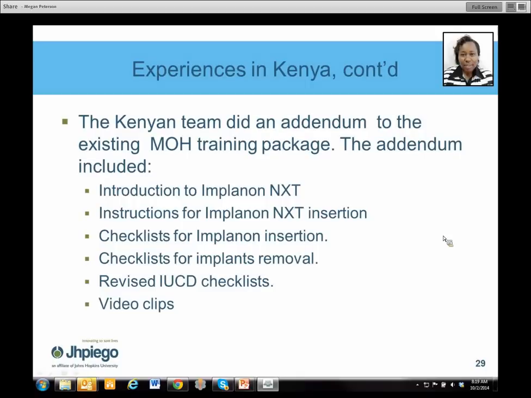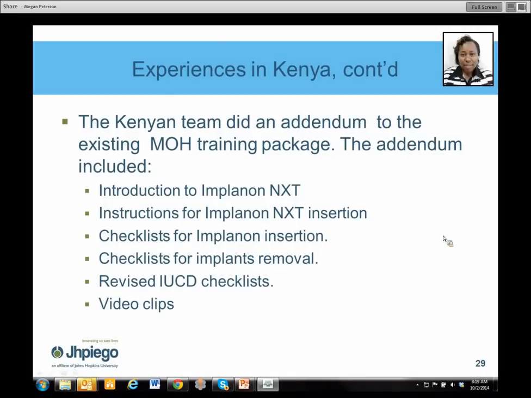The addendum that we did included an introduction to Implanon NXT, content which is not within the current training package, instructions for Implanon NXT insertion, a checklist for Implanon NXT insertion, and then a checklist for implant removal. That caters for both the 1 and the 2 rods.